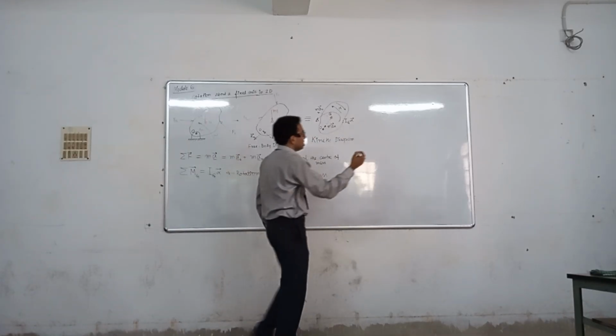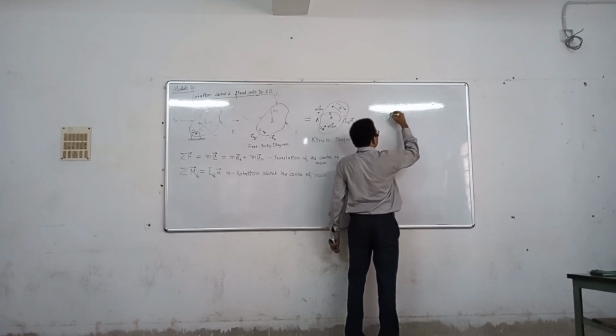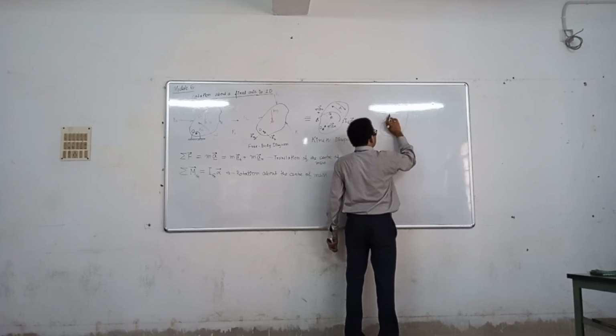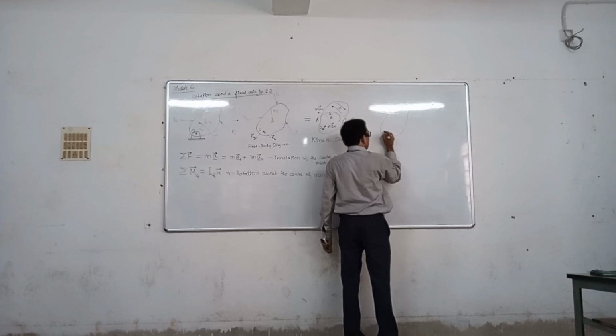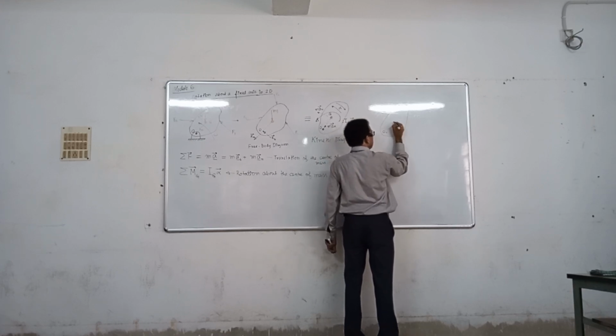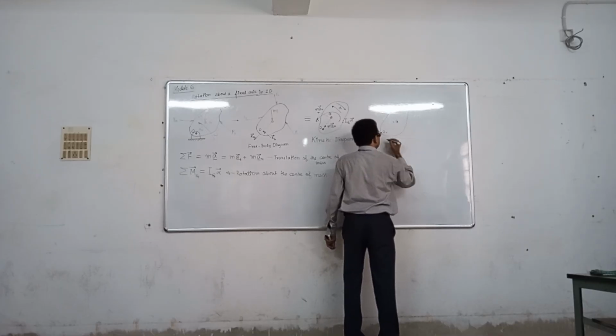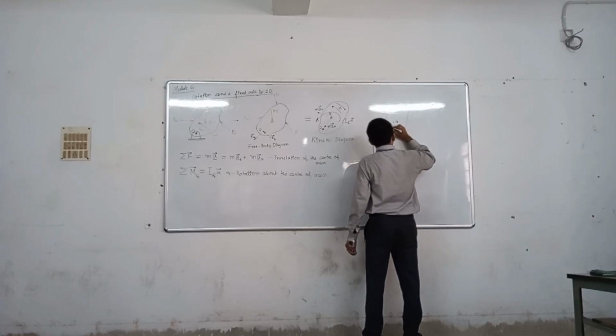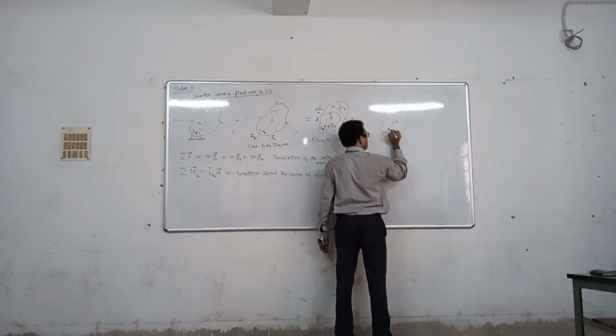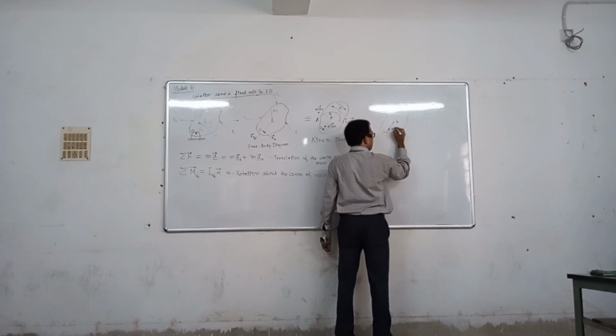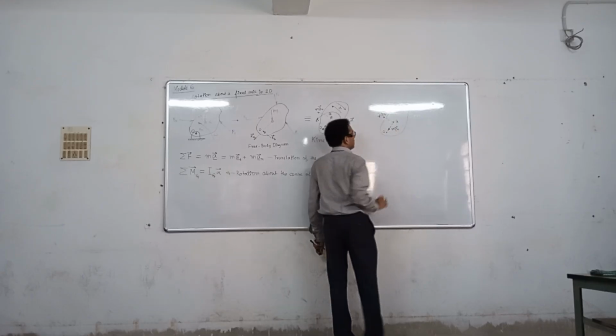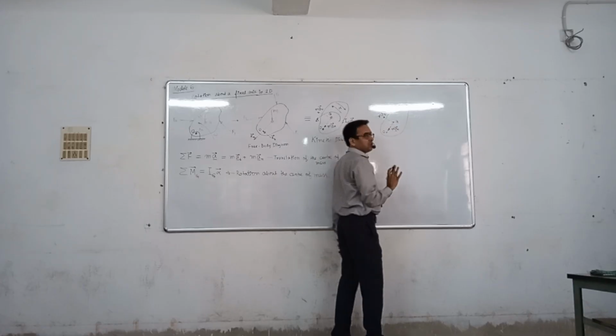Now you see that here this is point O, this is point G. Now along this direction I have one force, M A N, and in this direction I have another force, that is M A T. Okay, these are the two forces only.